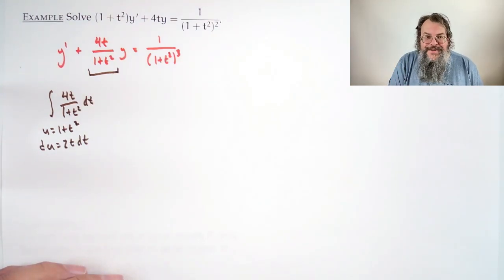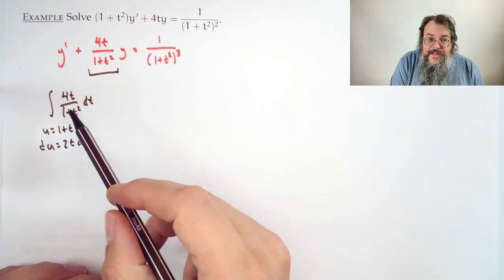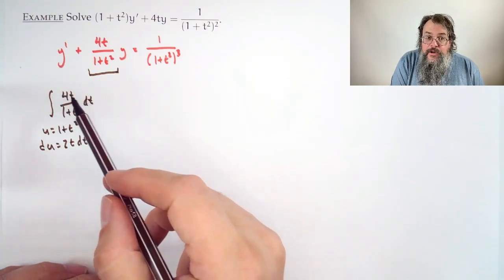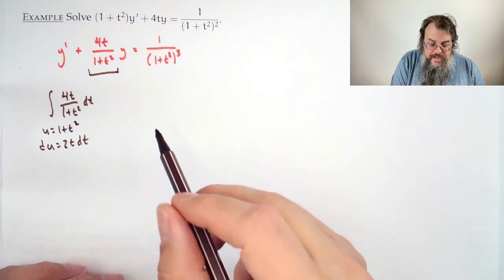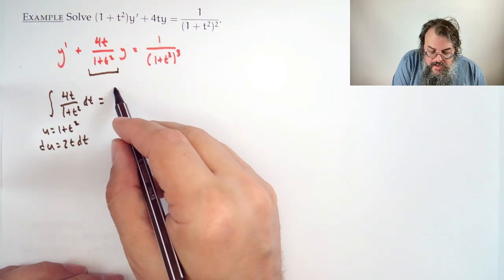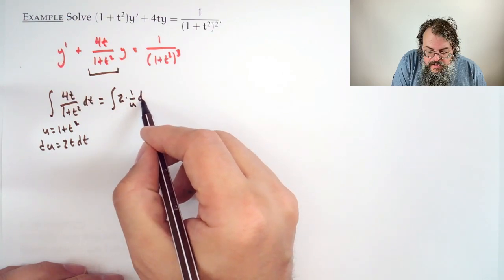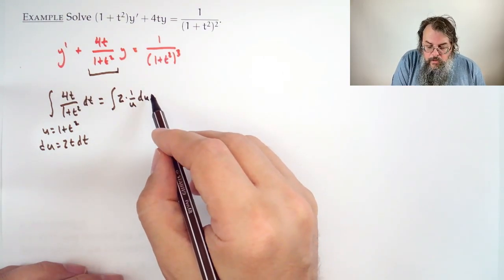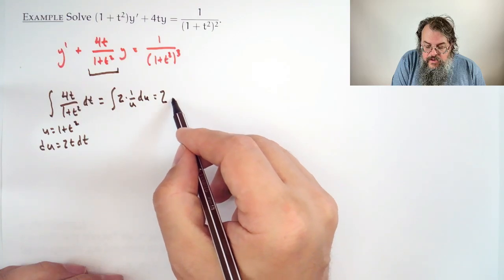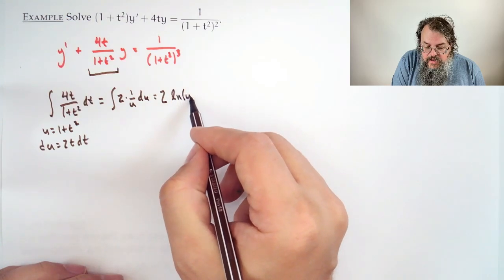Oh man, this is so good. So we have a u downstairs. Now upstairs, we have 4t dt, which is twice 2t dt. So this becomes the integral of 1 over u du. Or if you like, that's 2 natural log of u.